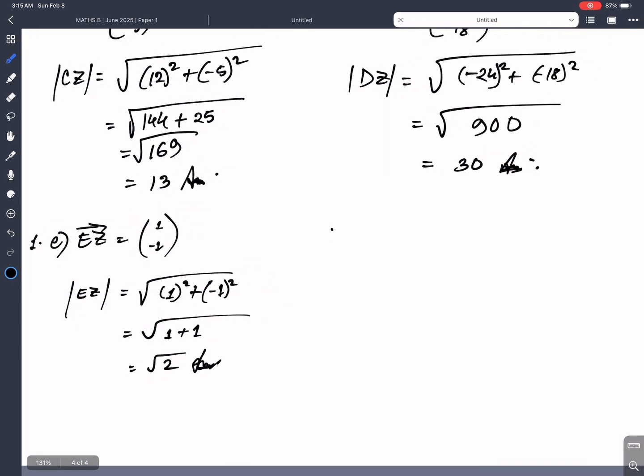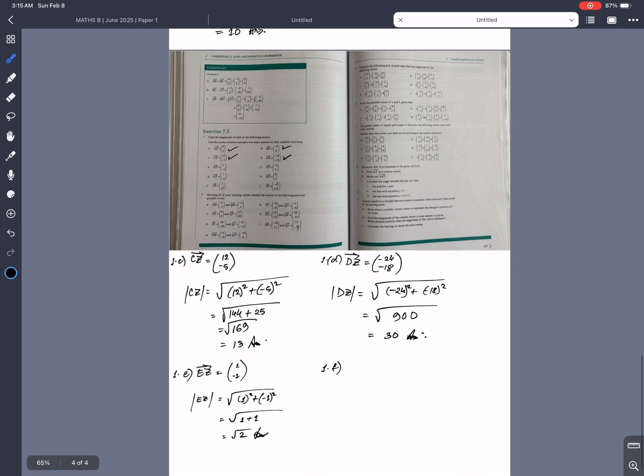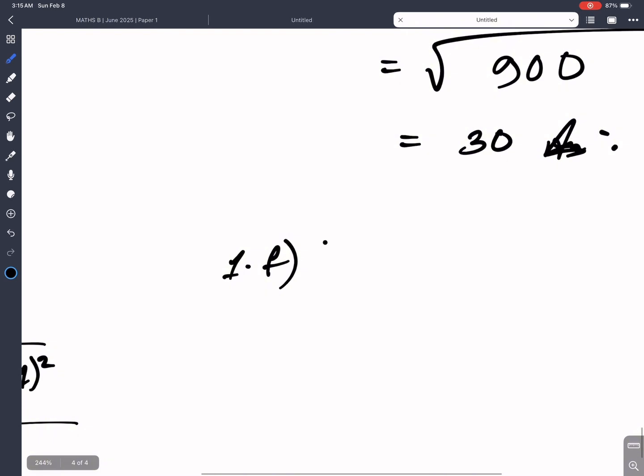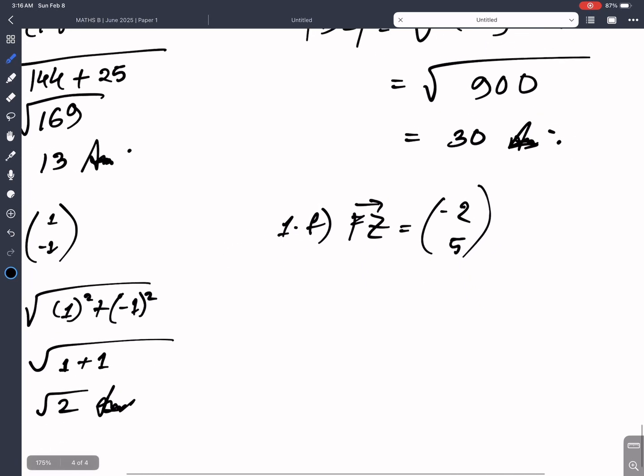1E is done. 1F. What's there in 1F? FZ vector, negative 2 and 5. Always remember, the upper part is the horizontal component and the lower part is the vertical component.